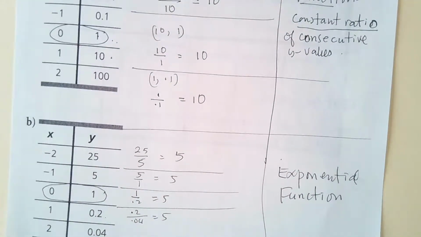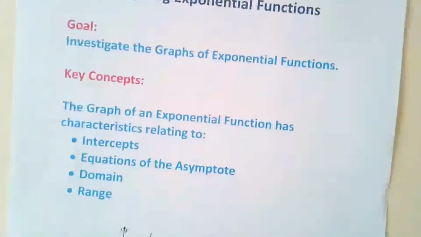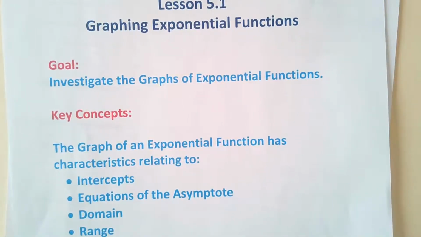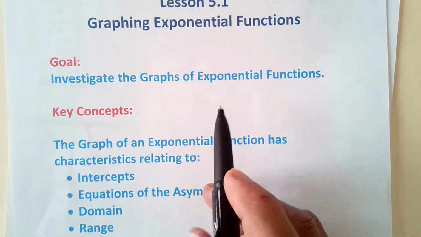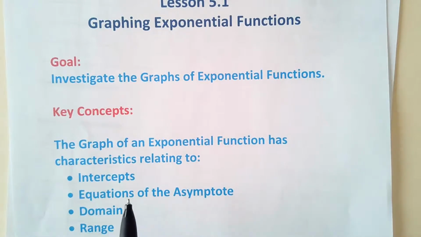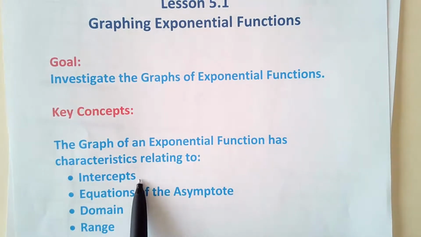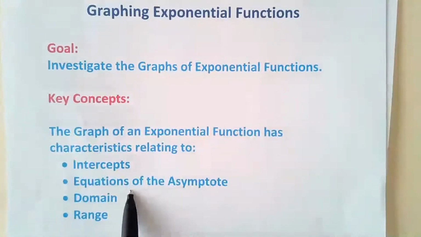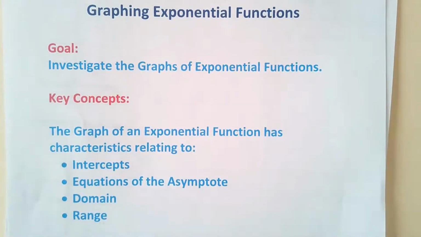So to conclude, our goal today was to investigate graphing exponential functions. And we found out there is an intercept. The y-intercept is (0, 1). The equation of the asymptote is y equals 0.